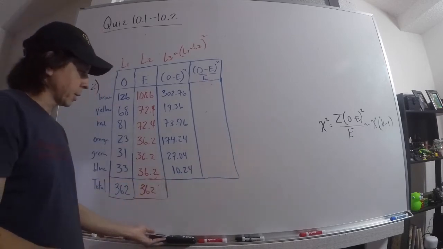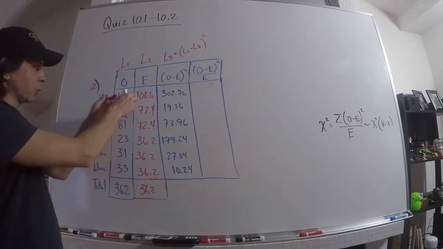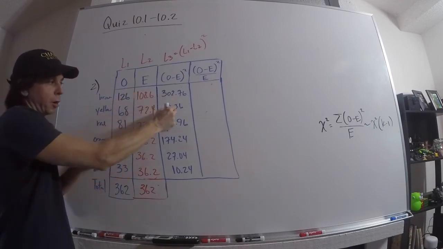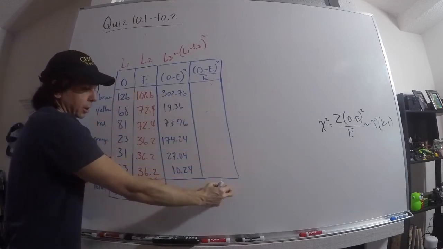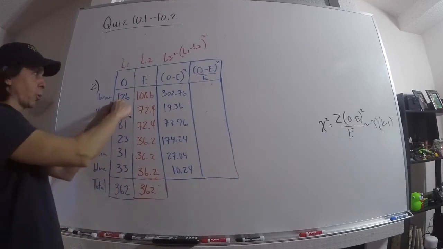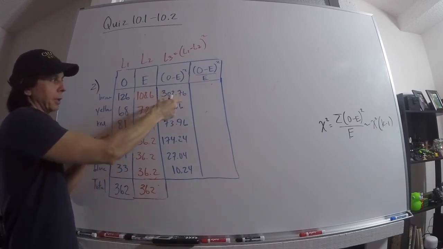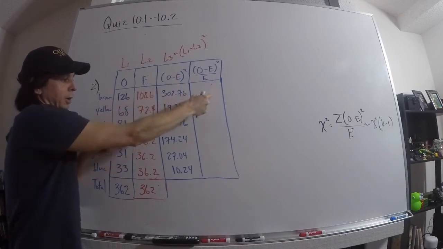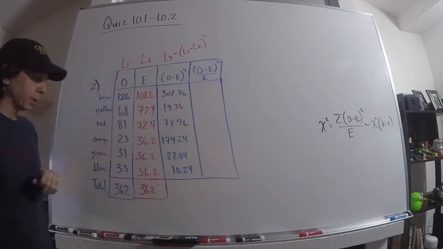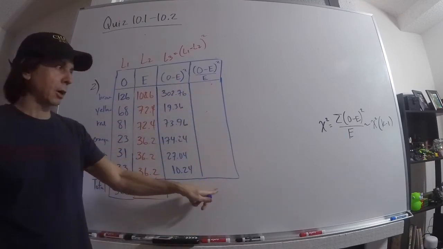Okay, and basically the closer these are to what they should be, the smaller these are. The smaller those are, and you get a smaller chi-squared. But when these are way apart, if these are out of whack, then you get a big number here that gets squared and is bigger, and then you end up with a bigger chi-squared. So the more out of whack it is, the bigger chi-squared you're going to get.